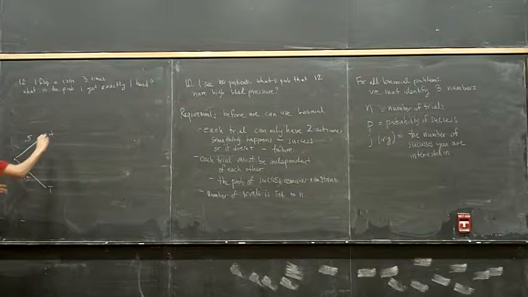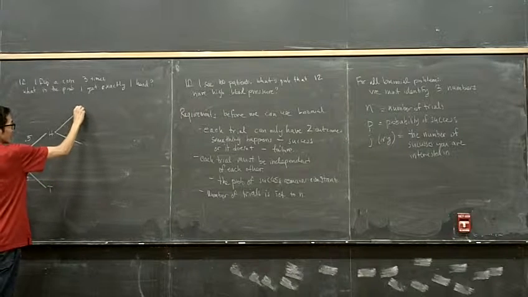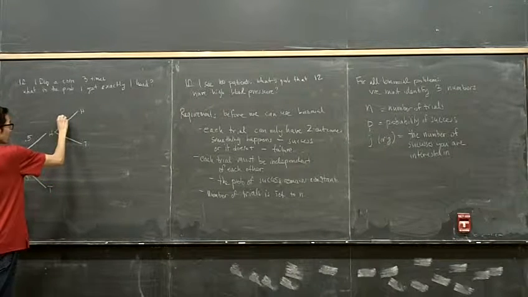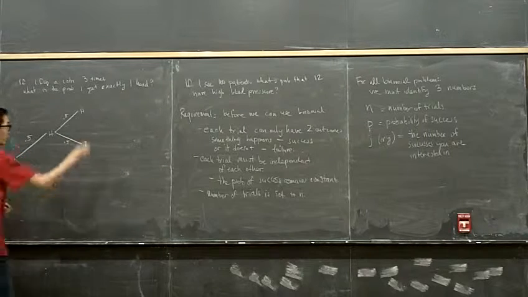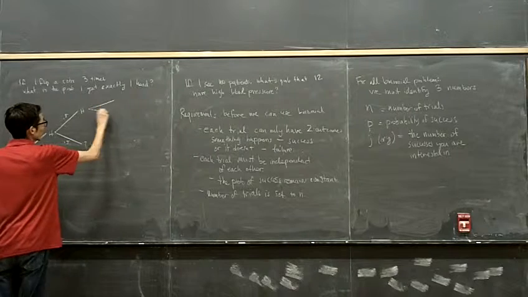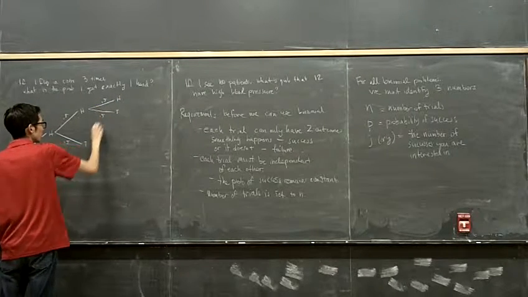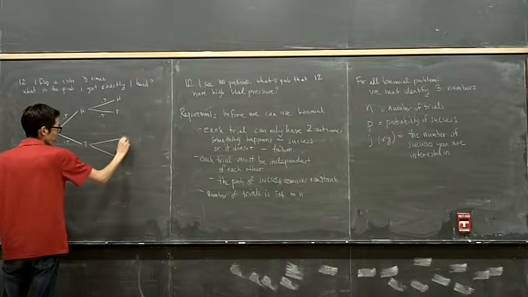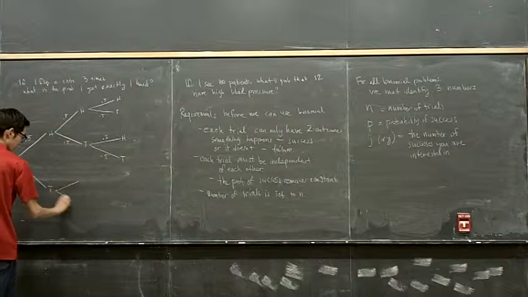The second coin flip, again heads or tails, 0.5, 0.5. And then the third coin flip, also heads or tails, 0.5, 0.5. Okay, I'm gonna just go rapid mode.